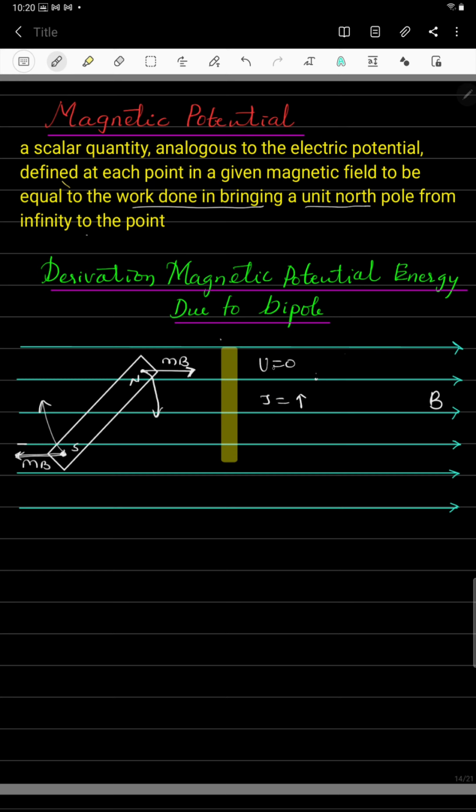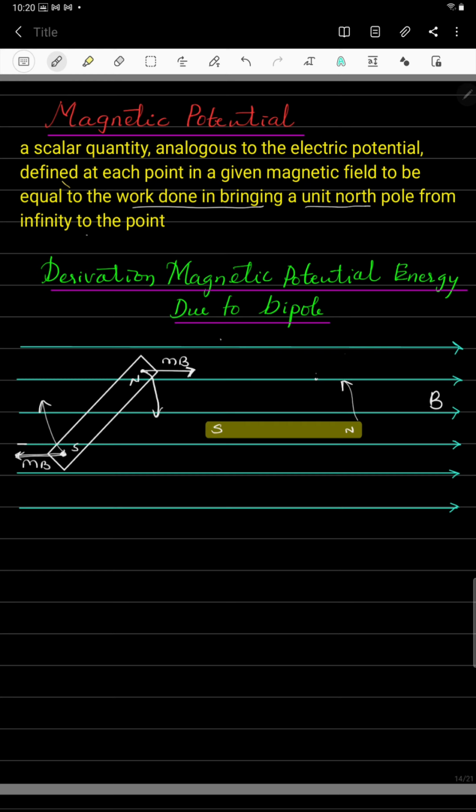Why it is 0 and why it is maximum for the horizontal placement of the magnet in the magnetic field, we'll see by using the expression which acts on this magnetic bar. This bar magnet acts like a dipole. It means we have two poles here, one a south pole and the other a north pole.